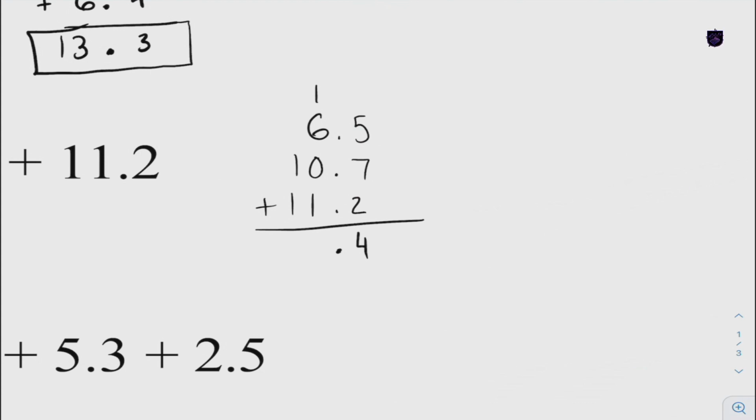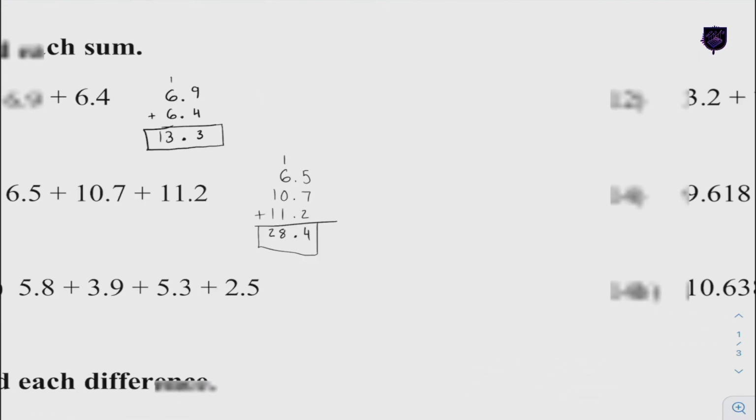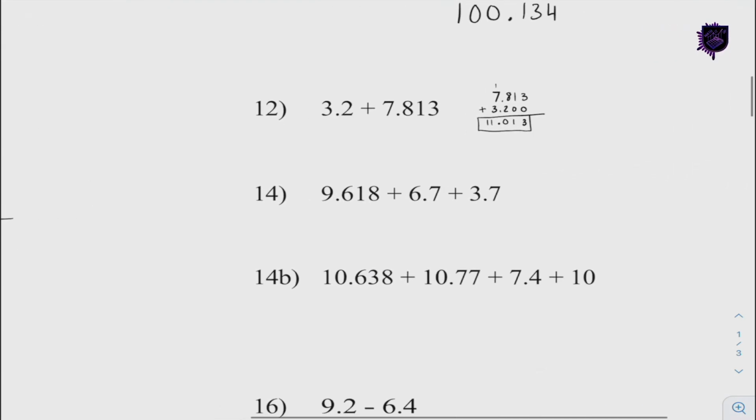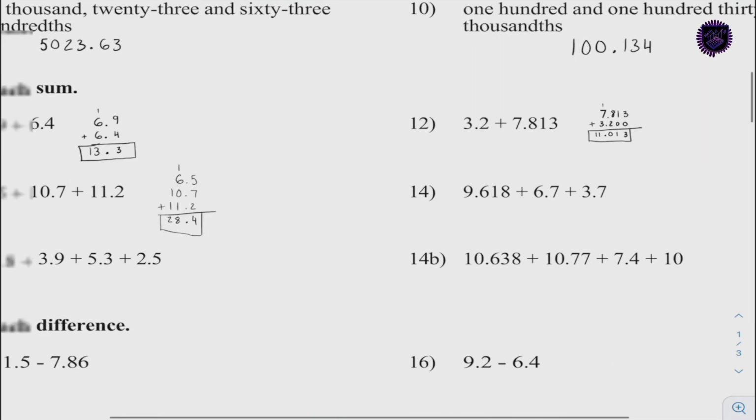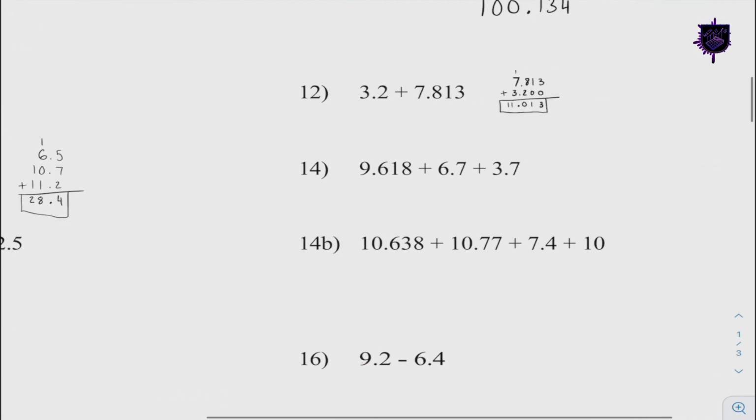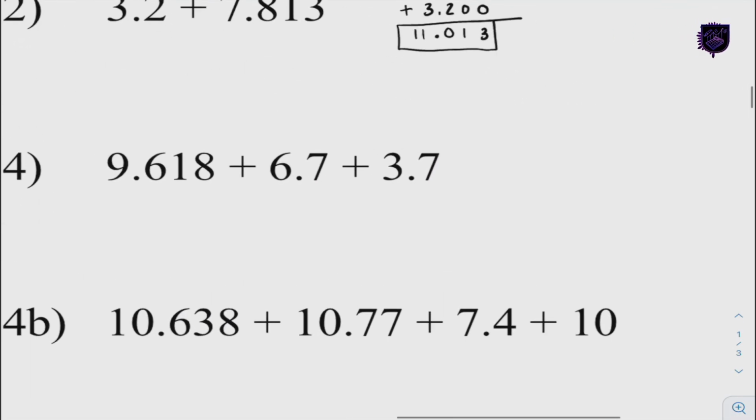So 1 and 6 is 7, plus 1 more, 8. 1 and 1 is 2, so 28.4. Circle my answer. Move on to my next question.